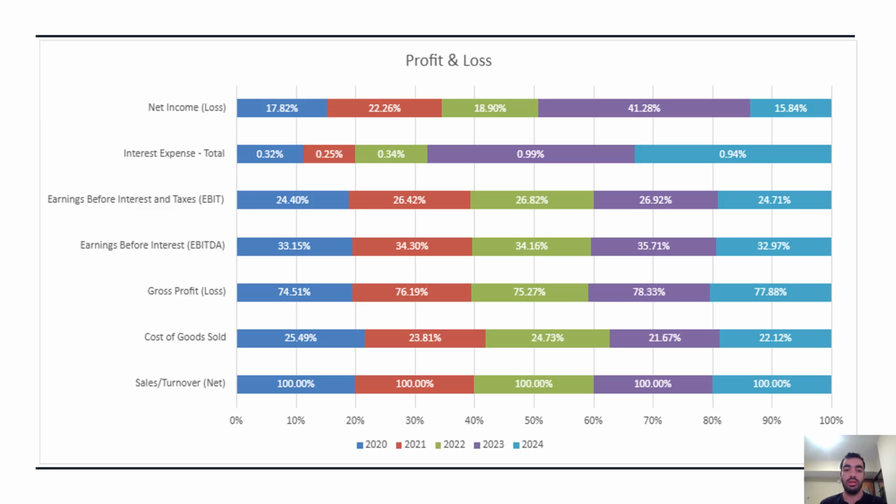As we see, the revenue base each year starts with 100% of revenue. Subsequent segments show the percentage of costs and profits. Now look at the cost of goods sold. It takes a significant, fluctuating chunk of revenue, impacting profitability.